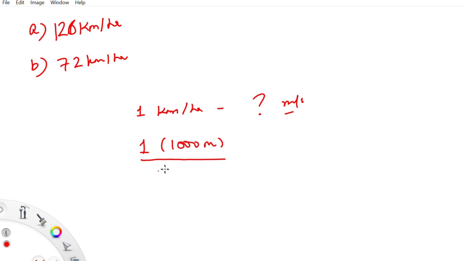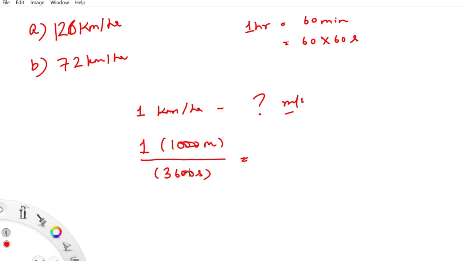And 1 hour can be expressed as 3600 seconds. Basically 1 hour is equal to 60 minutes, and 1 minute is equal to 60 seconds. So you have 60 into 60 seconds, which is 3600 seconds.